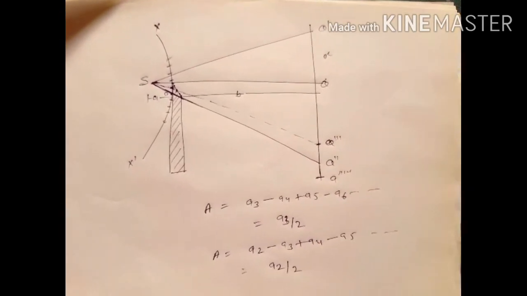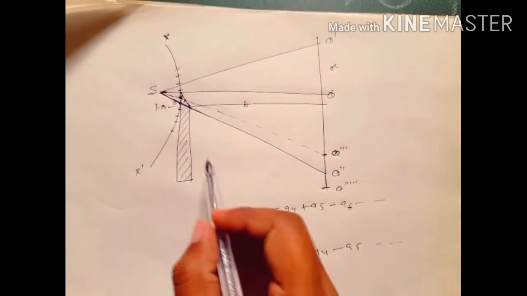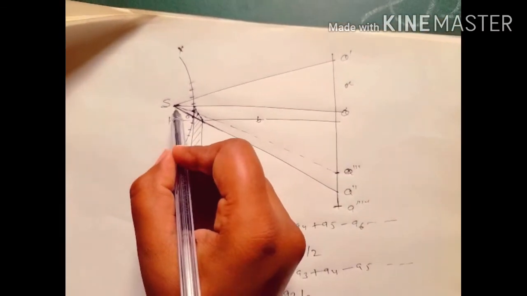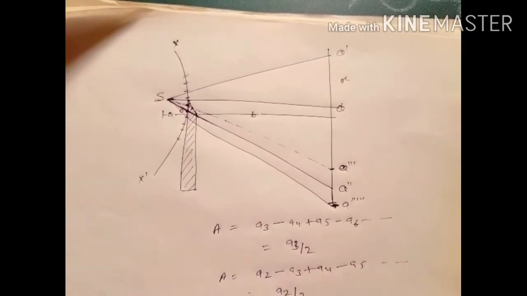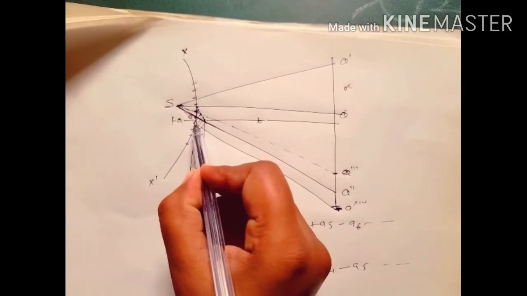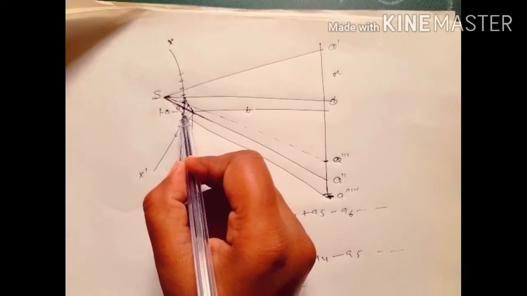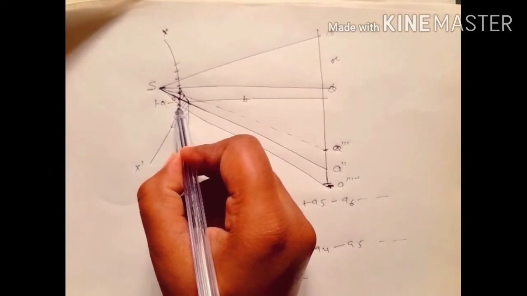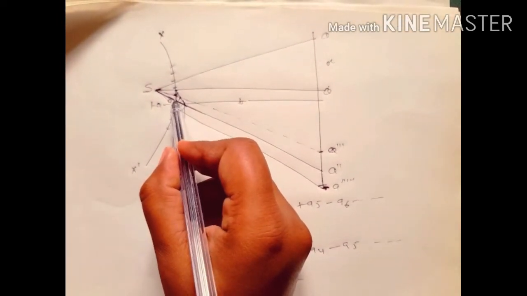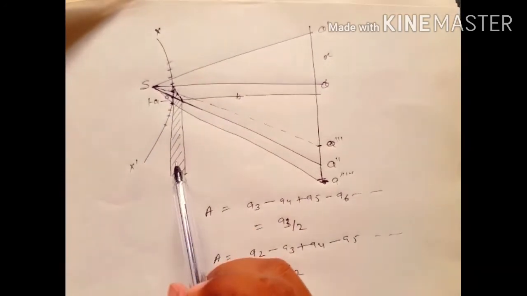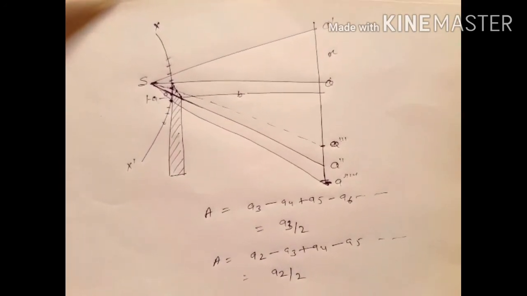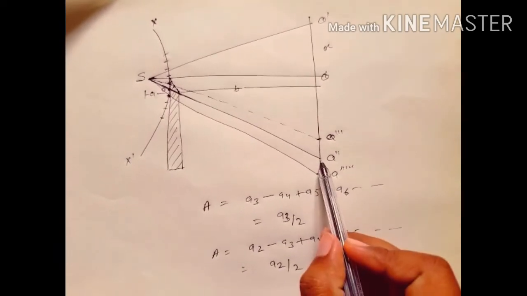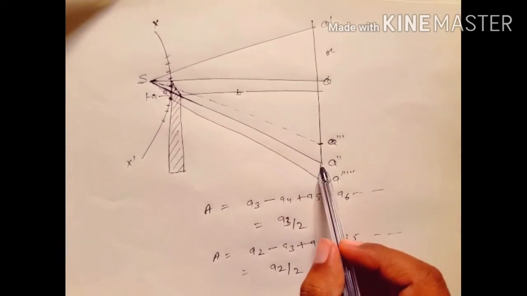Or if we go in the downward direction, suppose this is A4. If we draw a line like this, now this is the pole. We have to draw half period zones around this point. This is the first half period zone, second, third. Now the obstructed half period zones are much more, more than 2. In the earlier case the obstructed half period zones were 2.